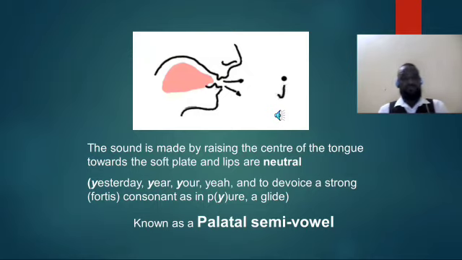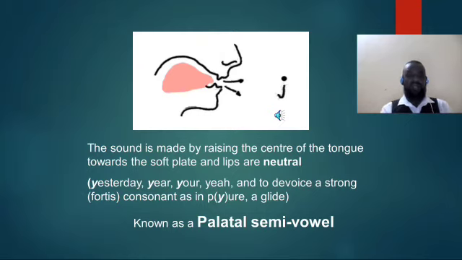The sound is made by raising the center of the tongue toward the soft palate, the velum, in this diagram, between the alveolar ridge and the hard palate. The lips are neutral. For example: yesterday, your, yeah.